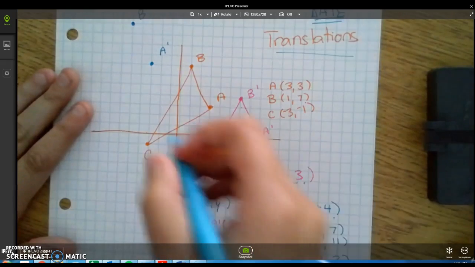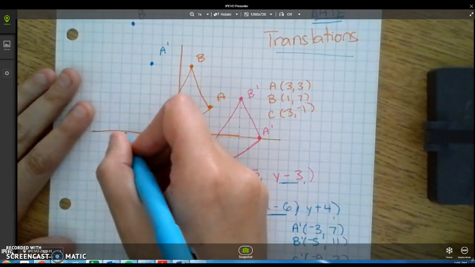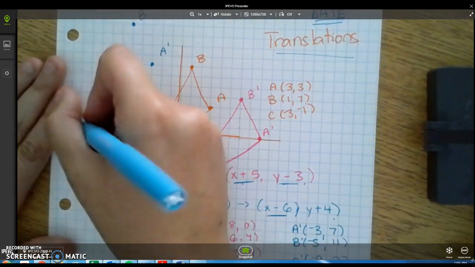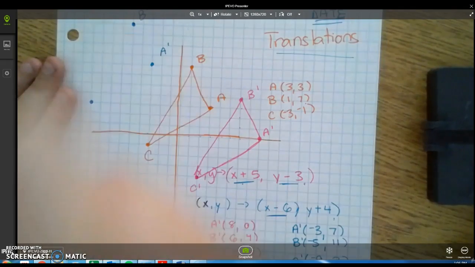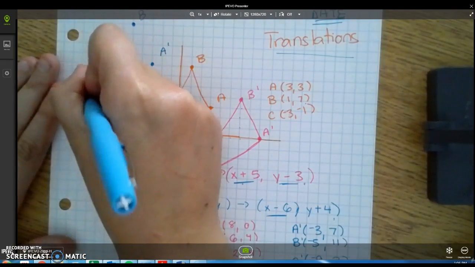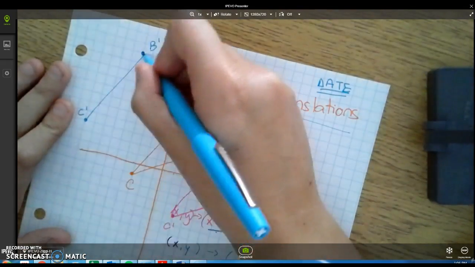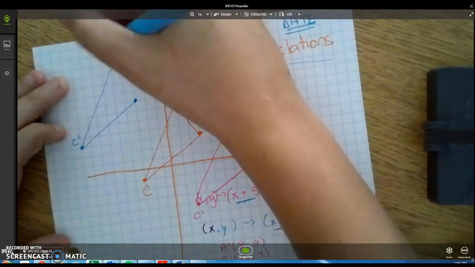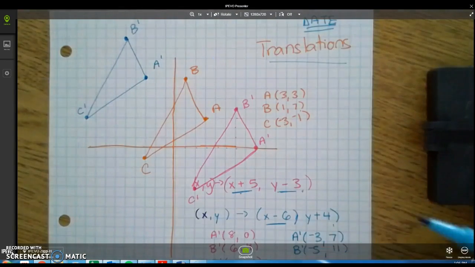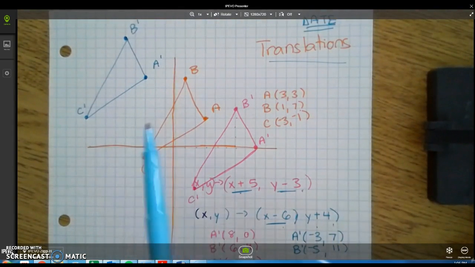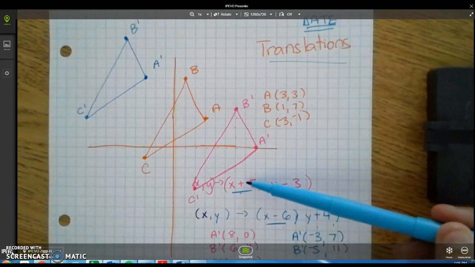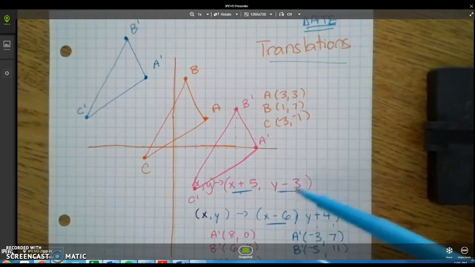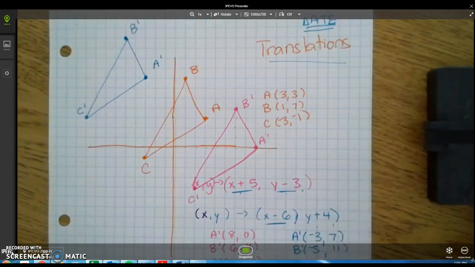And C is negative 9, 3. And once again, it moved left because that's what my x told me to do, and up because that's what my y told me to do. This told me to move forward and go down, so that's what I did with the pink one.